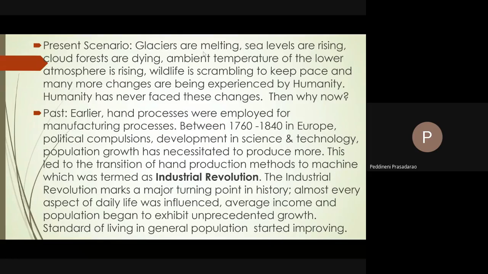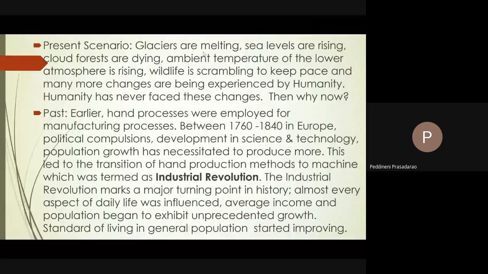Once you are producing more, automatically you are consuming more. So you started consuming more and more resources, and then you started producing more and more products. Then population again started increasing.